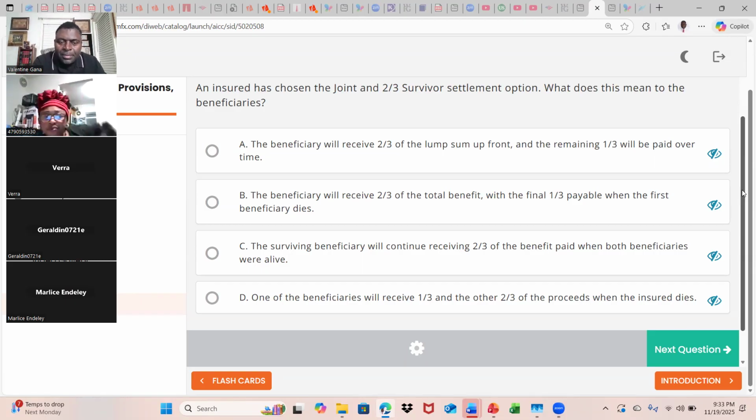A. But this one says the beneficiary received 2/3 of the lump sum upfront and the remaining 1/3. But it says 2/3 survivor option.